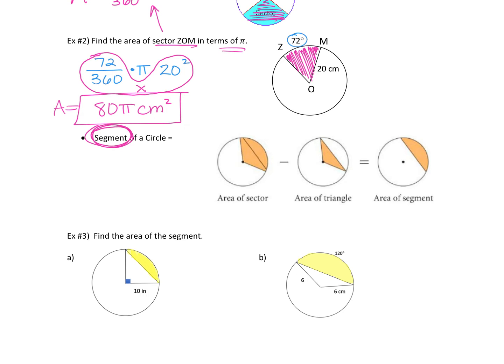You take a sector, take away this triangle that is formed, and what you're left with is a segment. So if it says find the area of the segment, you're taking the sector minus the triangle, and it will equal the segment.